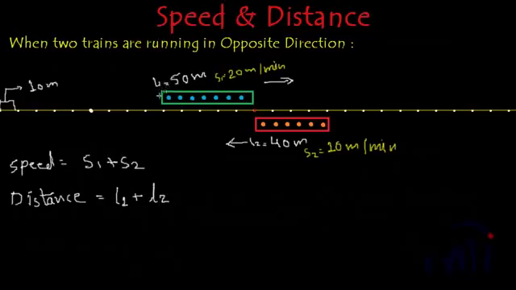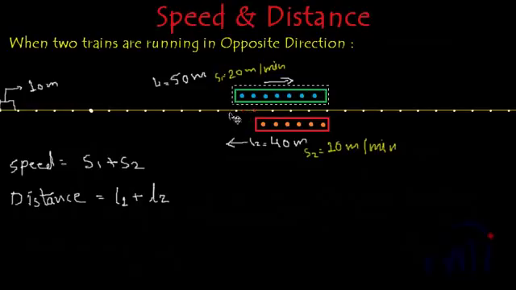So let me select the green train. I have selected the green train. It is somewhere here. Their front ends are in complete alignment, and now it starts running. It starts running towards your right hand side, and it runs this much distance where its front end gets aligned with the rear end of the red train.